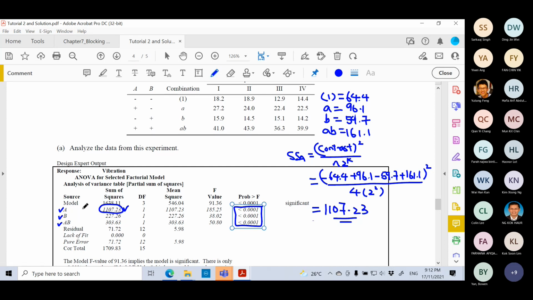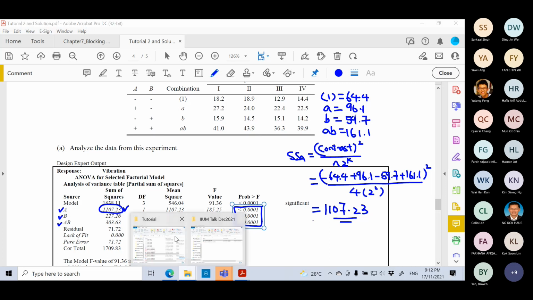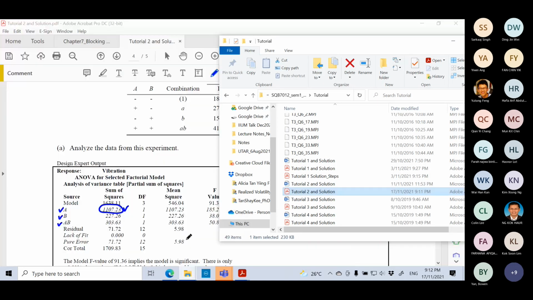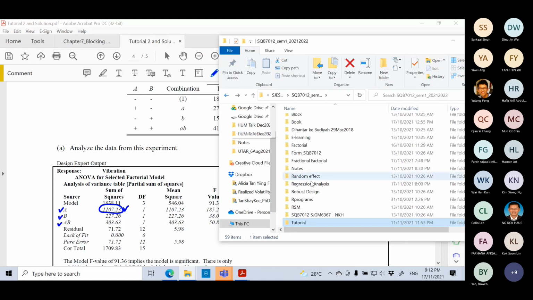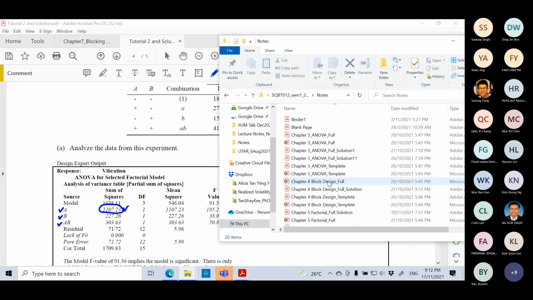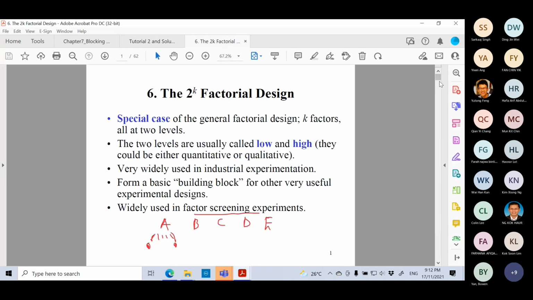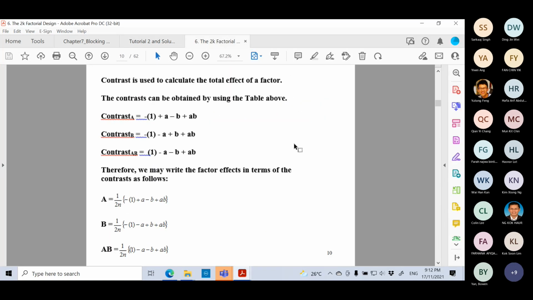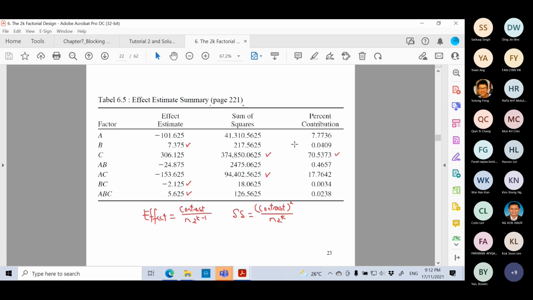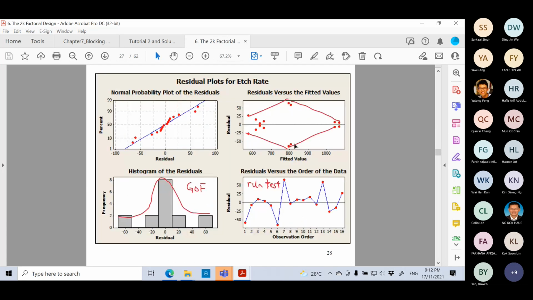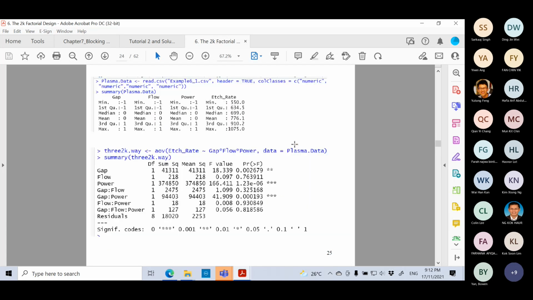Okay. So this one is where you need to draw the AB interaction plot. The AB interaction plot, I think I have given it to you in your lecture notes for the factorial design. Not this one.